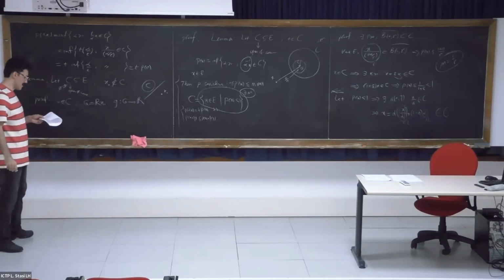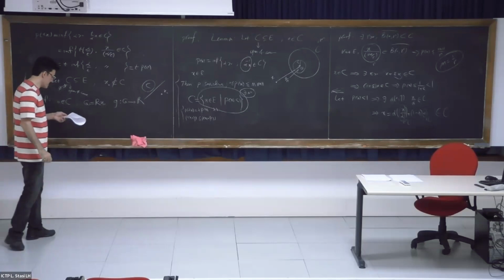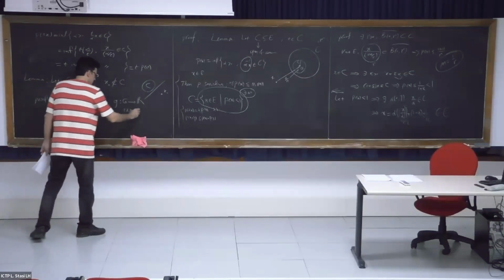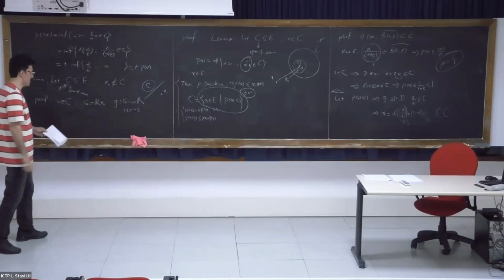And by the gauge function, we consider first G as Rx0 and define g from the subspace G to R like this, defined by g(tx0) = t, which is linear.